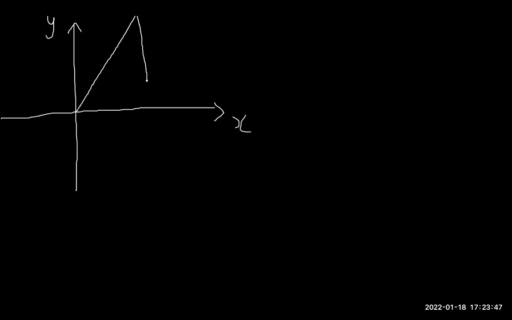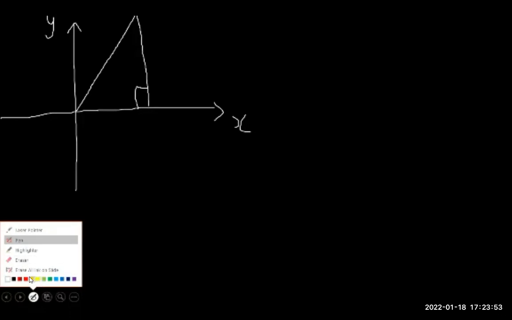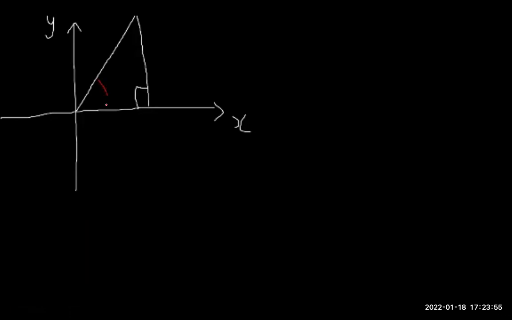This is a right angle triangle. And this angle right here is theta. Whether it's in degrees or radians, does not matter. This side, my hypotenuse, I'll label it 1. This length here is y, and this is x.